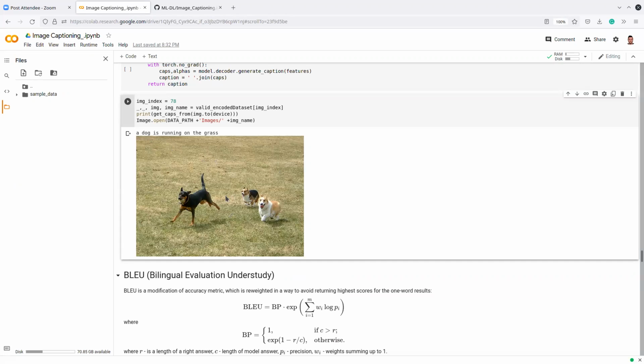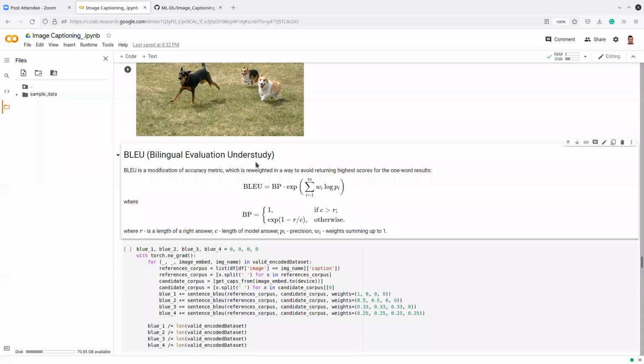So for example, even if we have 5 times dog, if the maximum number of times the word dog appears in any of the reference sentences is 2, our precision would be 2 out of 5. This is the idea of the BLEU score.